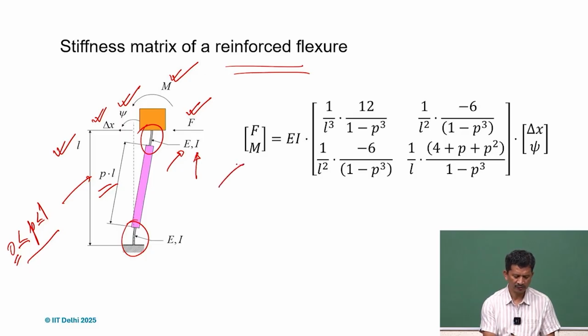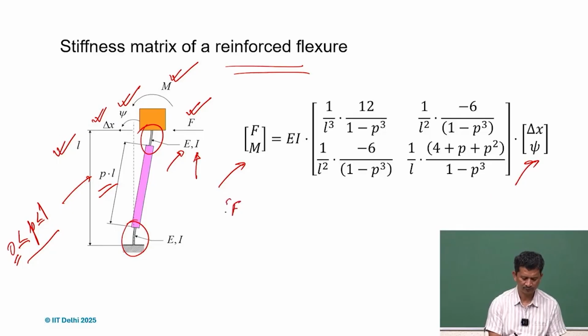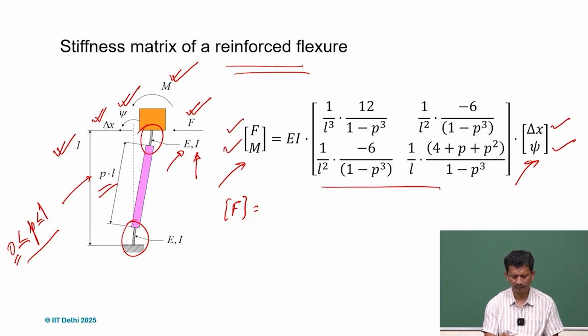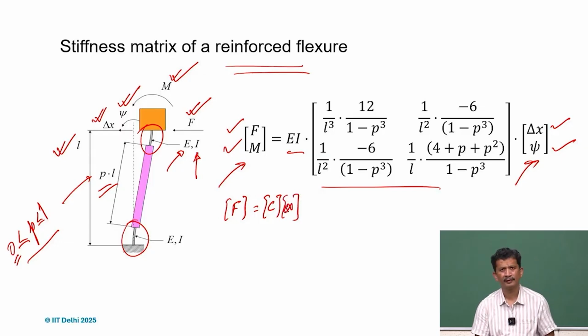On similar lines, we can get the relationship between the forces and moments and the displacements delta x and psi, involving EI and so on. This can simply be written as C times delta x, so we have a stiffness matrix.